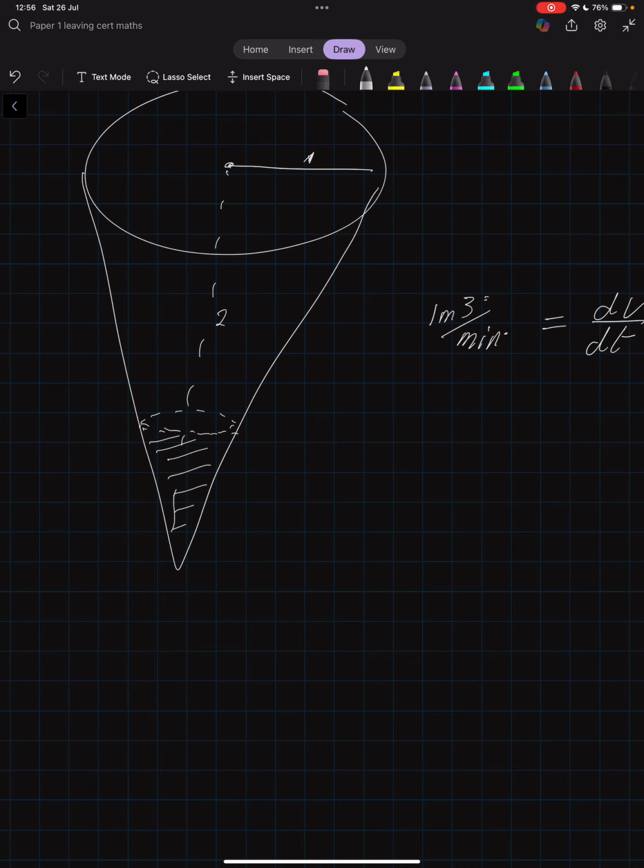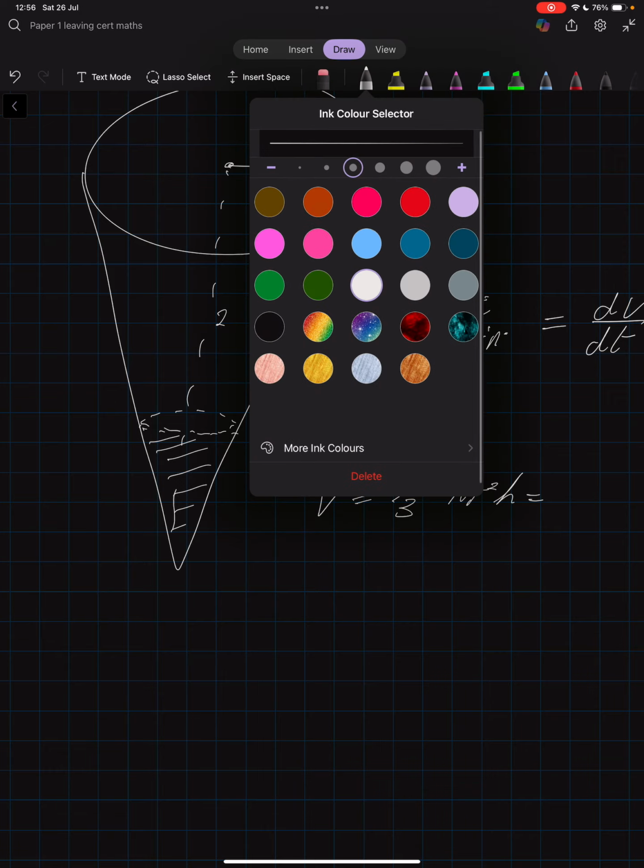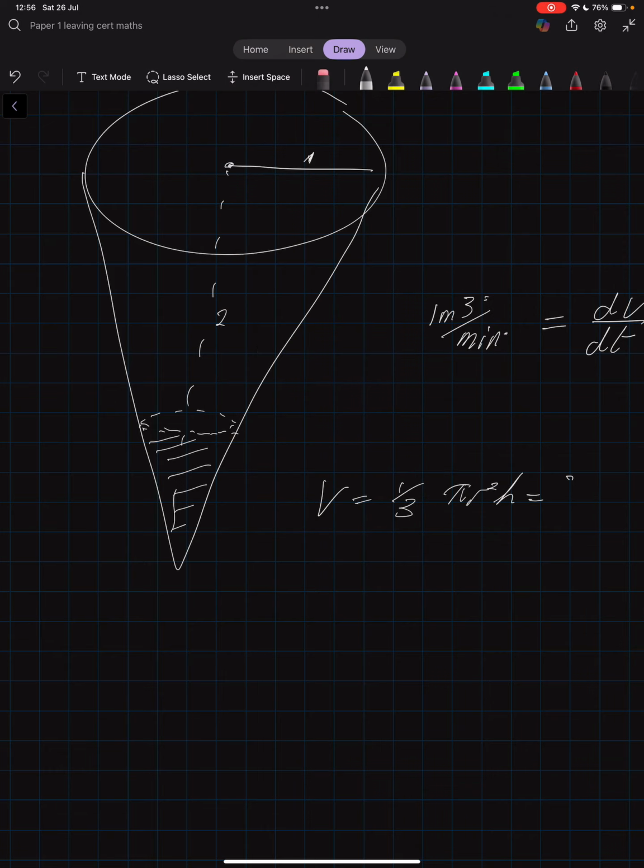The volume of a cone is 1/3 pi r squared h, which in this case, r is 1 and h is 2, so it's just equal to 2 pi over 3. So it's 1/8 full, which means the volume is simply equal to an eighth of this, which is going to be pi over 12.